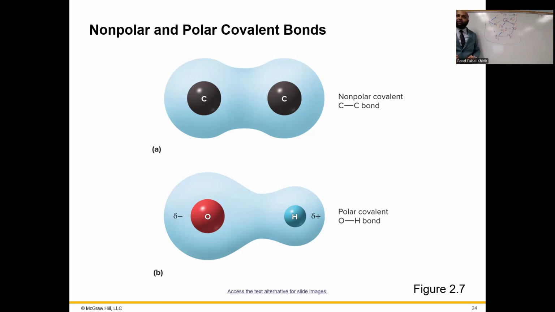You get it? I'm sorry? So pretty much opposites attract. Yeah, but they attract in two different forms. Intramolecular, that is covalent, and intermolecular, that is hydrogen bonding.